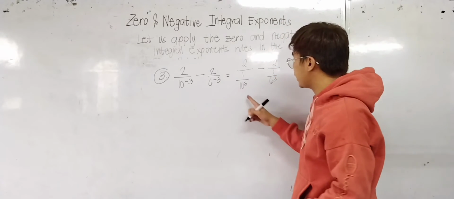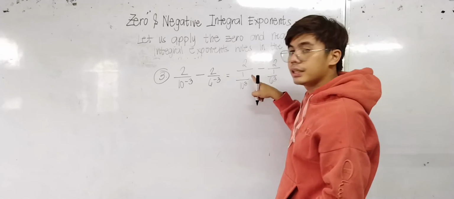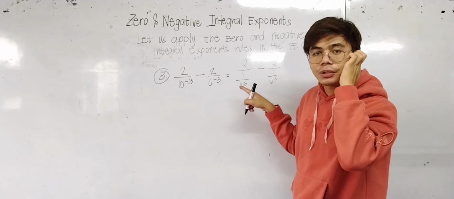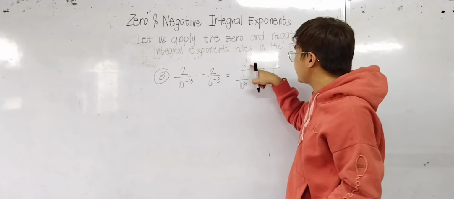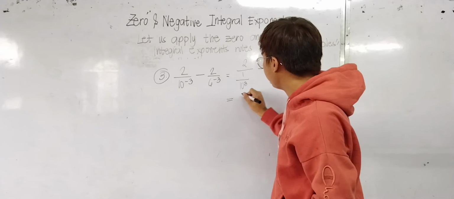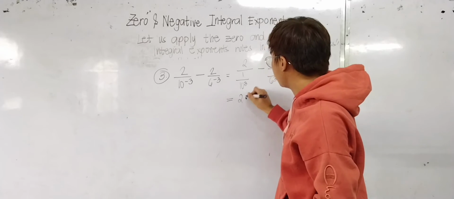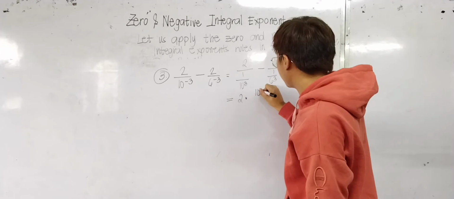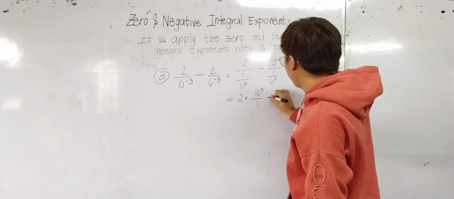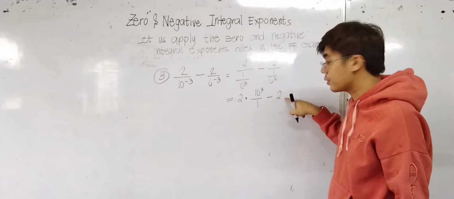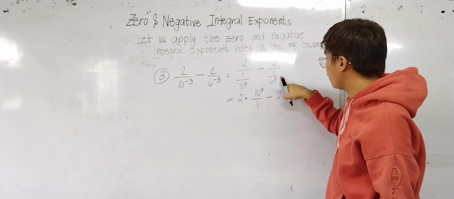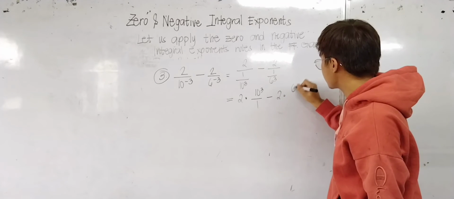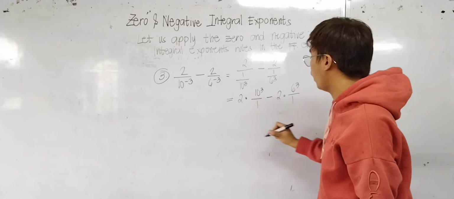Now we're going to do here, class, we need to find the reciprocal for the denominator here, and you need to multiply that to our numerator. So we have here 2 times, what is the reciprocal for 1 over 10 raised to 3? So we have 10 raised to 3 over 1 minus, multiply the numerator to the reciprocal of your denominator. So we have 6 raised to 3 over 1.